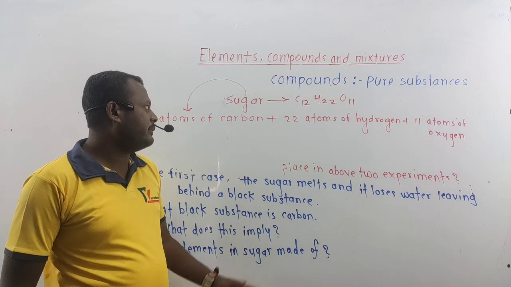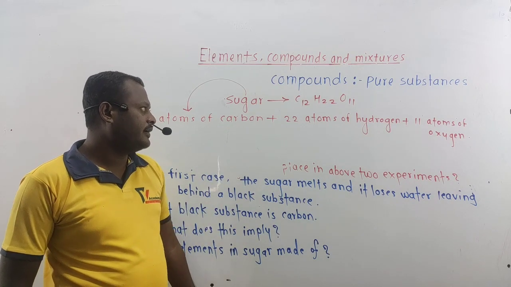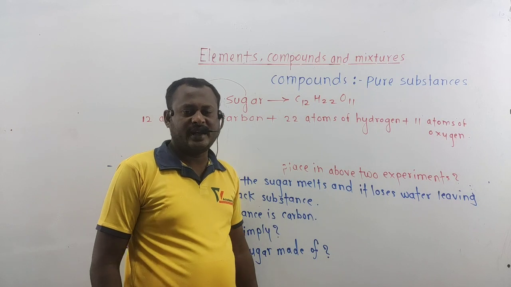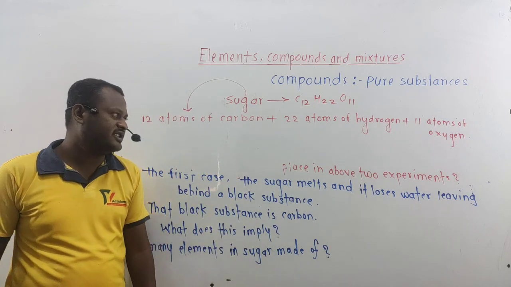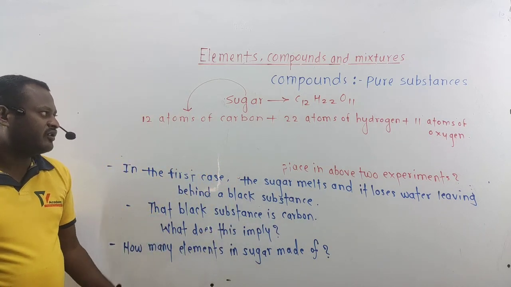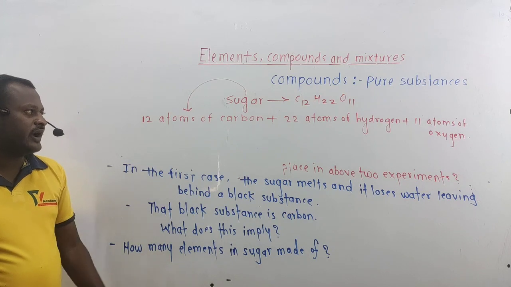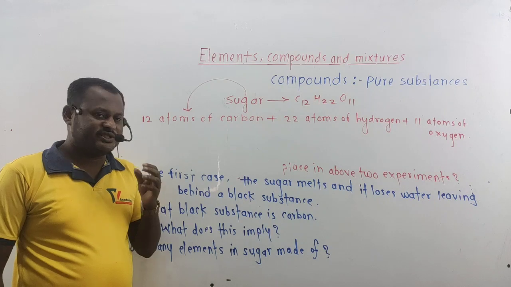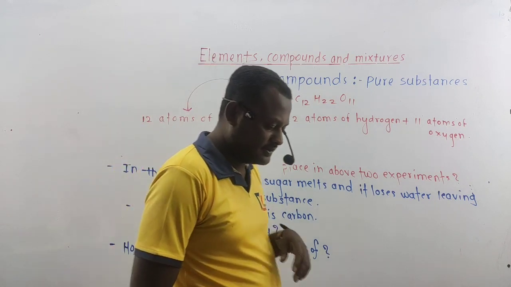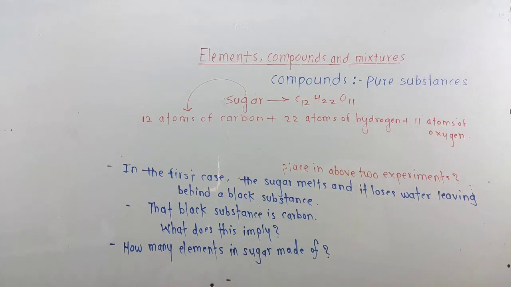So remember this: in sugar there are three elements, carbon, hydrogen, and oxygen, that is 12 atoms of carbon, 22 atoms of hydrogen, and 11 atoms of oxygen. Remember, write down.